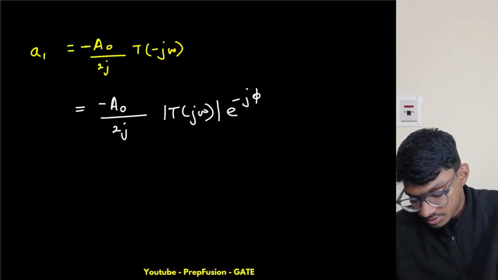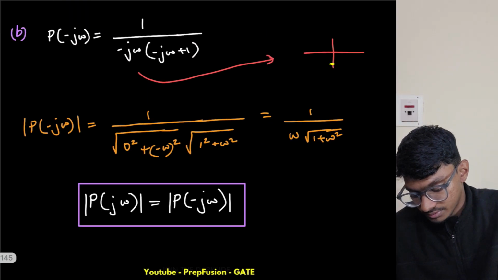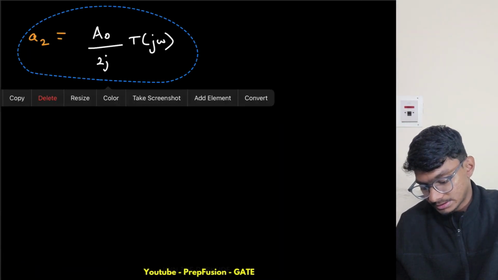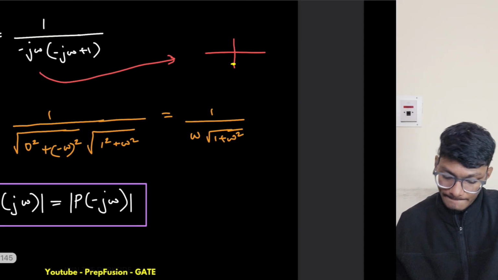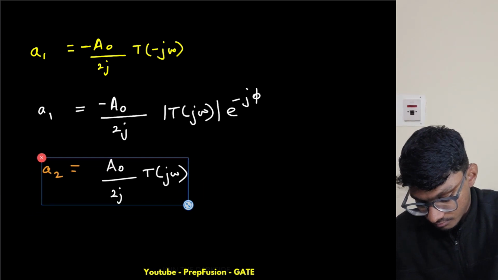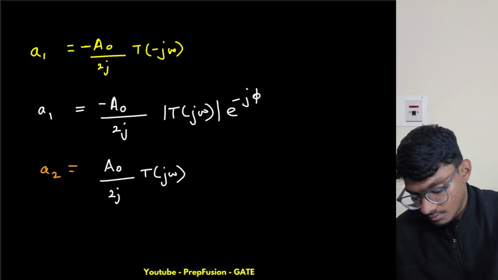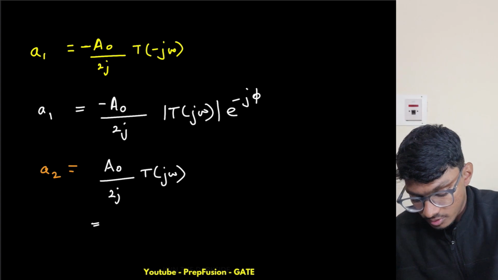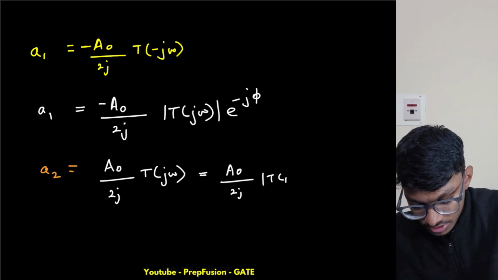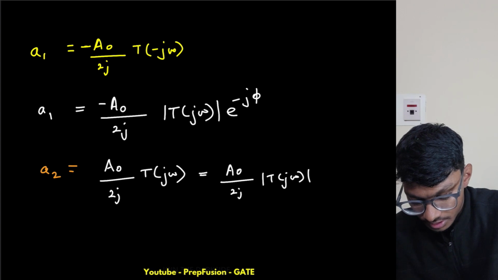Now what is my e2 equal to? My e2 is 2j into the magnitude of T j omega into e raised to the power plus j phi.